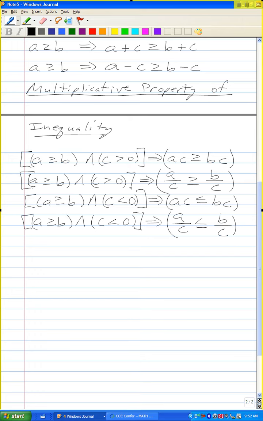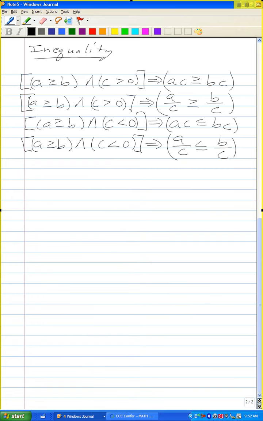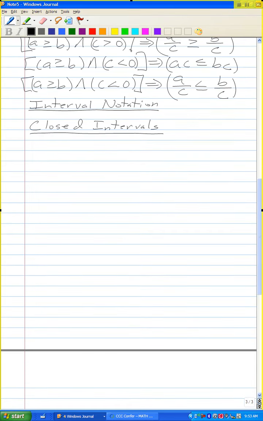Let me again review interval notation. So let's first do the closed intervals. And so let's do the finite closed intervals.